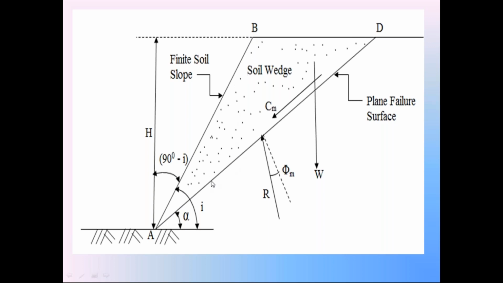Take the length of the failure surface AD as L. So the area of this triangle ABD is equal to half into length AB into length AD into the sine of the angle between AB and AD, that is i minus alpha.